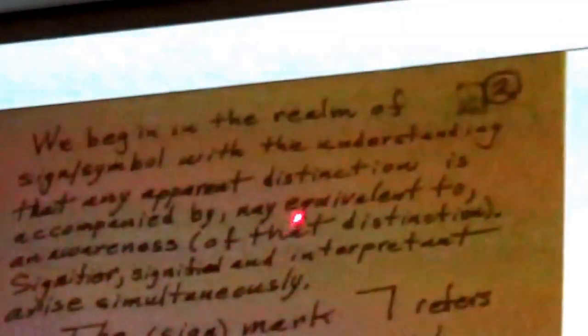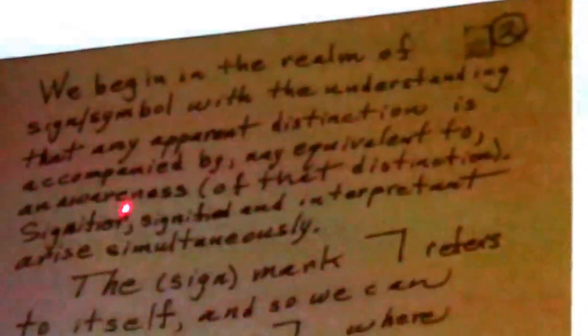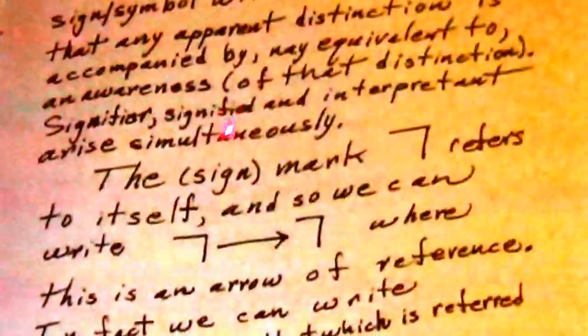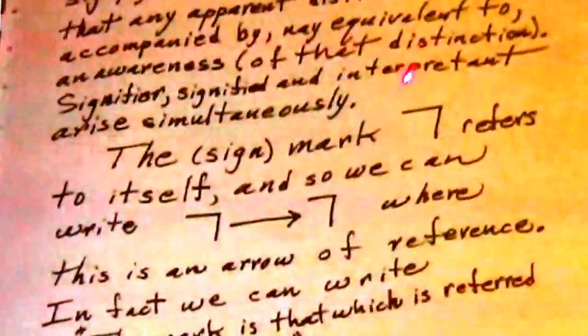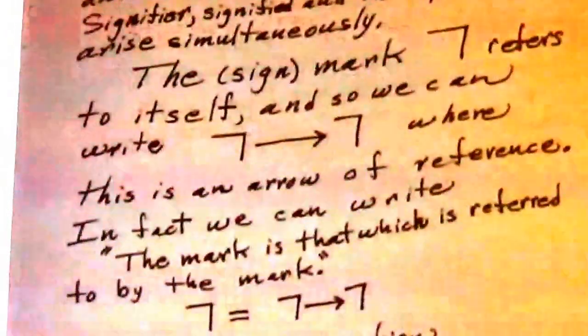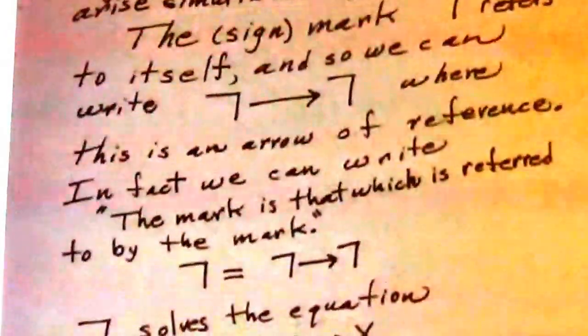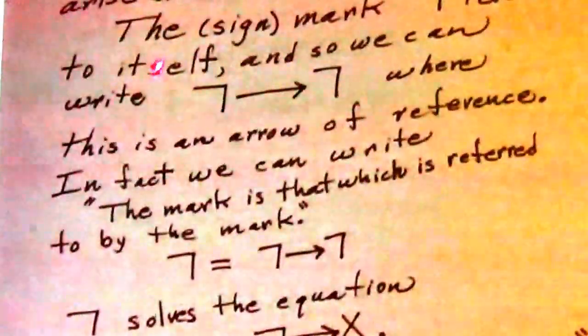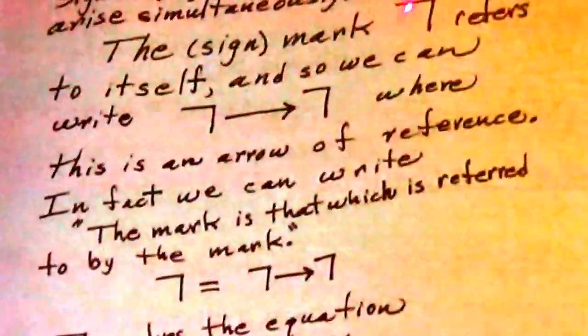So we begin in the realm of sign and symbol, and with the understanding that any apparent distinction is accompanied by, is equivalent to, an awareness of that distinction. Signifier, signified, and interpreter in Peirce's terms arise simultaneously. Awareness and the distinction arise simultaneously. The sign, the mark, refers to itself in the Spencer-Brown case.